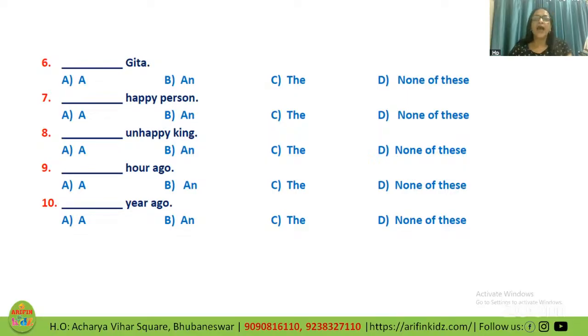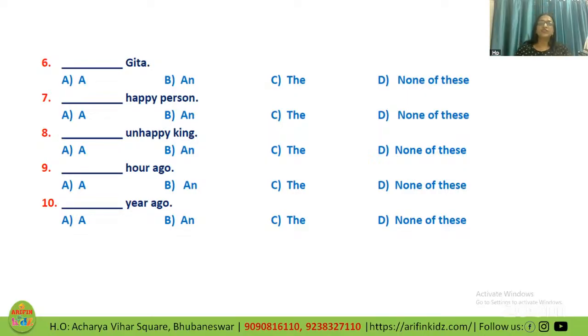As you know, here Gita is not the name of a girl. If Gita is the name of a girl or lady, then we will use no article. But if it's the Gita, the holy book of Hindus, it will be the Gita. So question number 6, the correct option is option C.